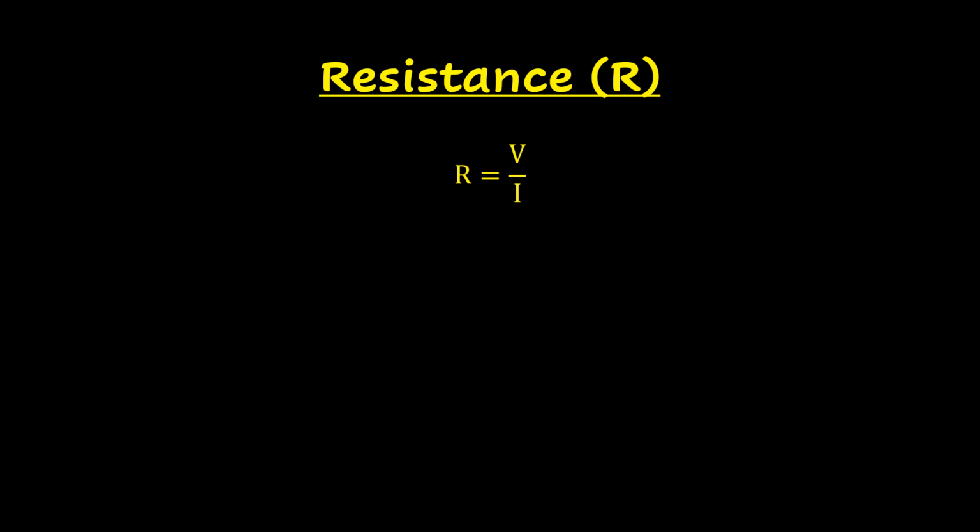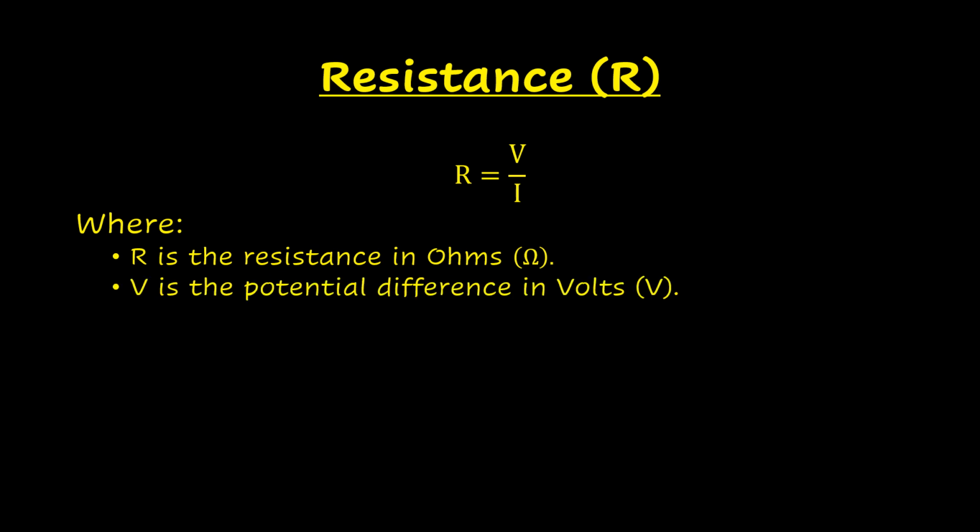The resistance R is equal to the potential difference V divided by the current I, where R is the resistance measured in ohm. The symbol for resistance is the Greek letter omega as shown in brackets. V is the potential difference in volts, and I is the current in amperes.